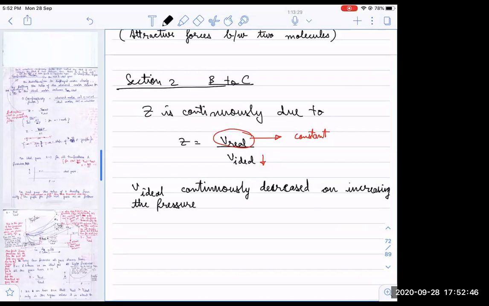V ideal continuously decreased on increasing the pressure. Therefore, Z kept increasing.